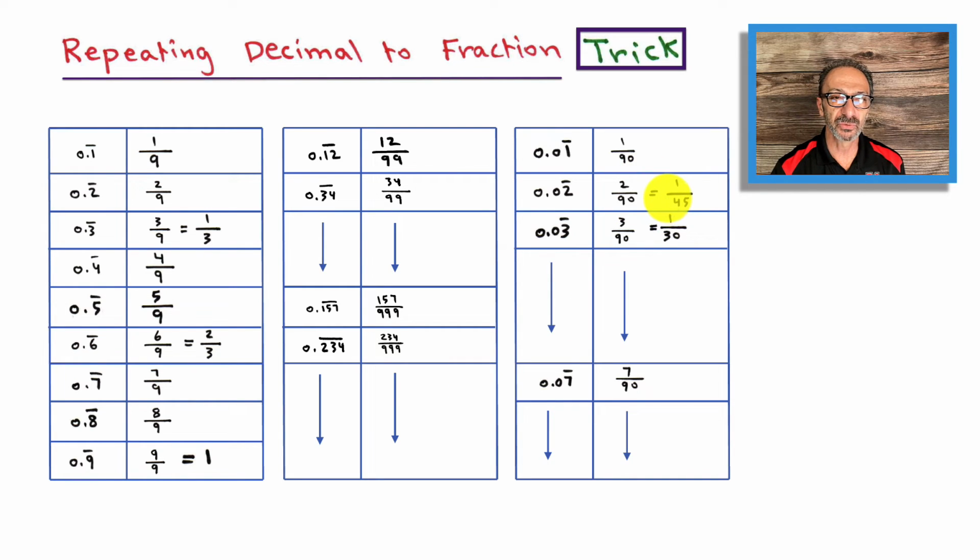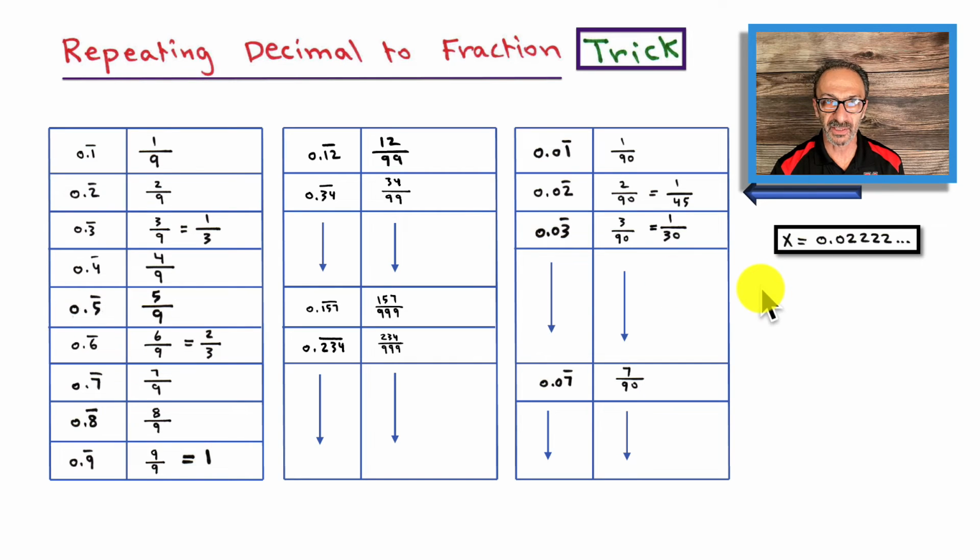Now let's do an example. Let's pick on 0.02 repeating, this example right here. So we call it x. So x is 0.0222 all the way. Because I have 1-digit repeating, I'm going to multiply by 10. I have 0.22.